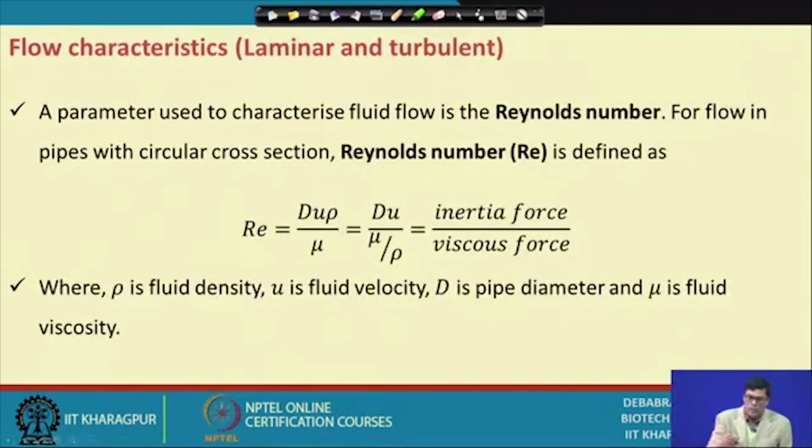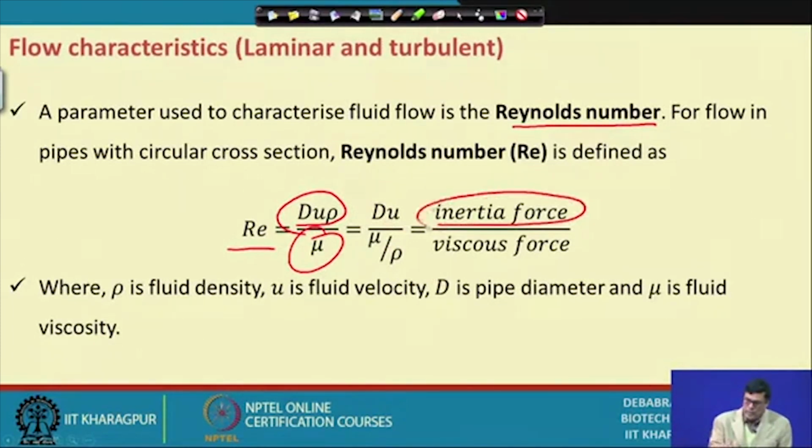One important parameter used to characterize the flow characteristics of the fluid is the Reynolds number, and the Reynolds number can be expressed as d u rho by mu. Here d u rho we consider as the inertia force, and mu as the viscous force.